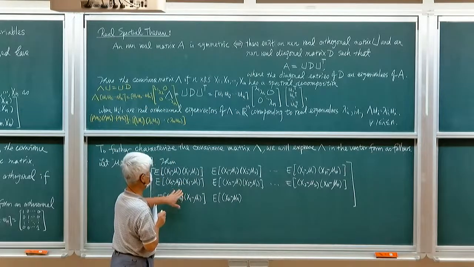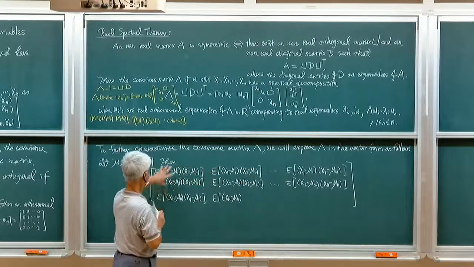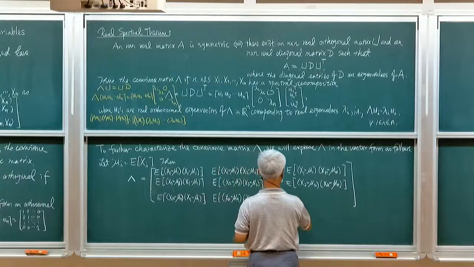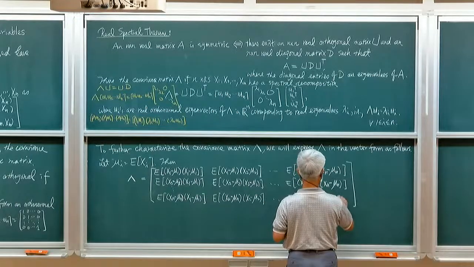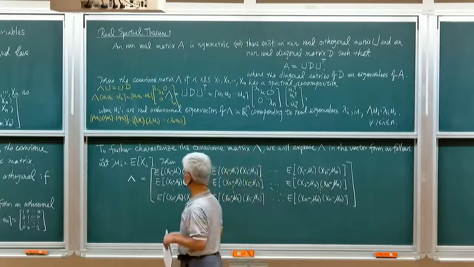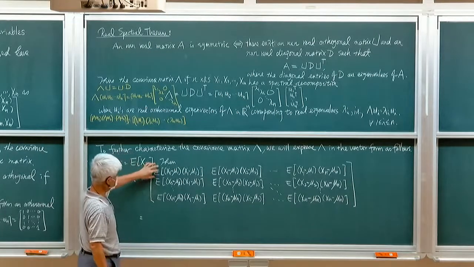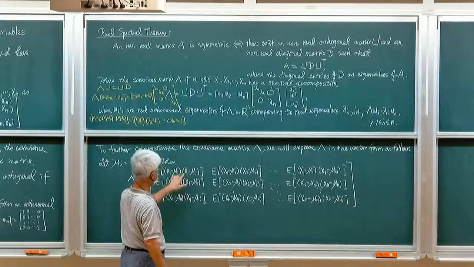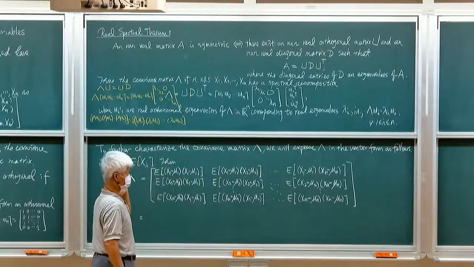It's 2, 1, sorry. So you can see that the expectation operator is applied to the product of two random variables in each entry of the matrix.